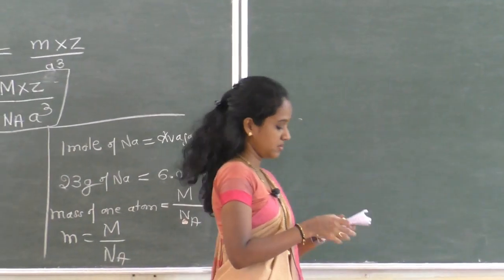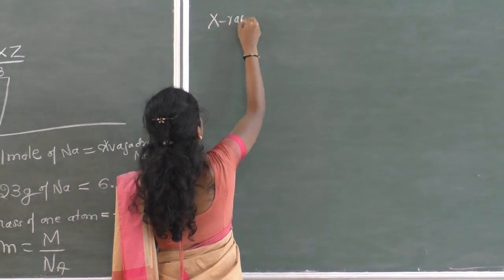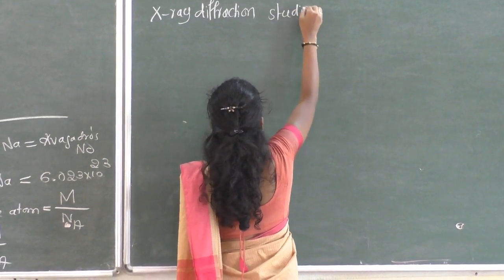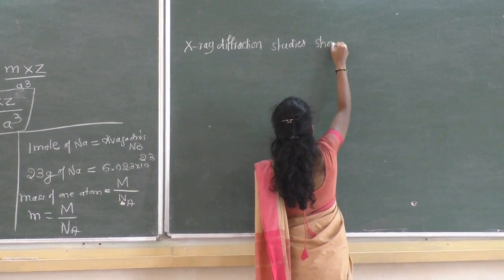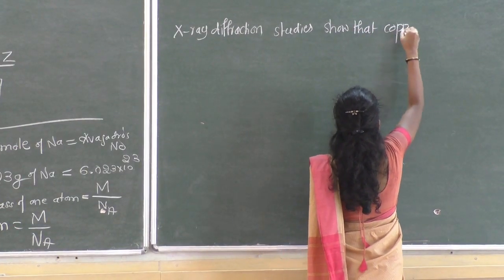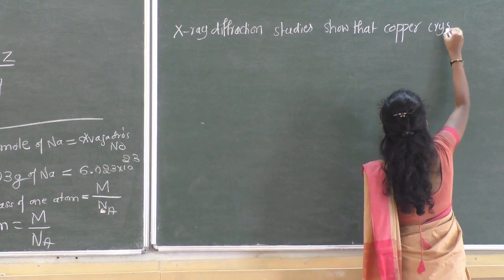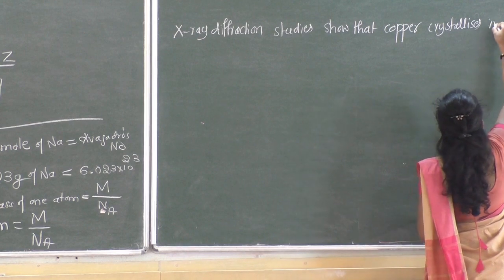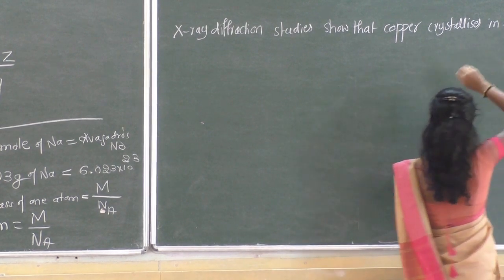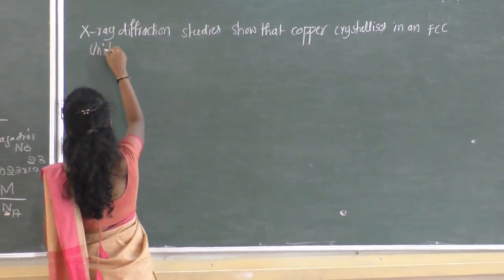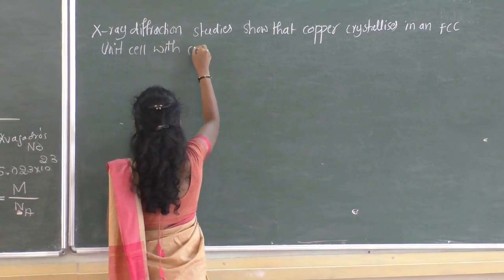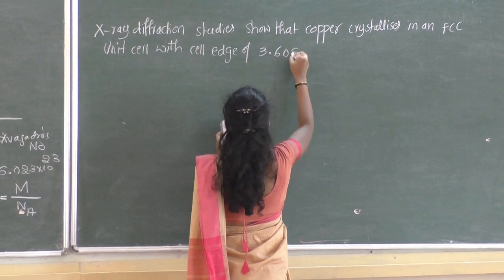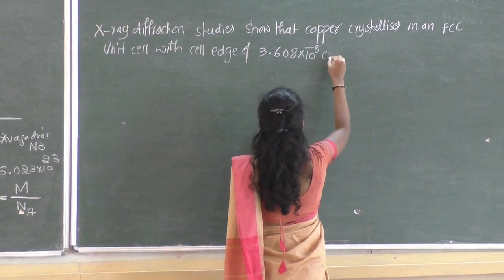Dear students, write it down. X-ray diffraction studies show that copper crystallizes in an FCC unit cell with cell edge of 3.608 into 10 to the power minus 8 centimeters.